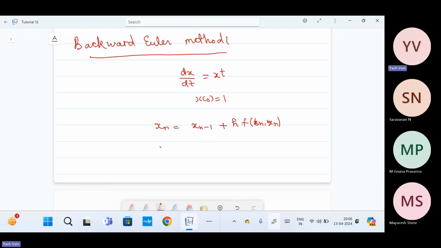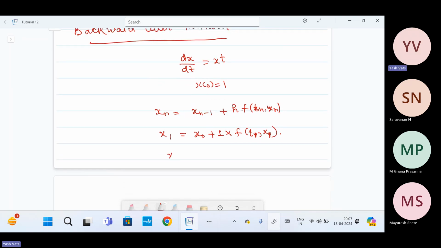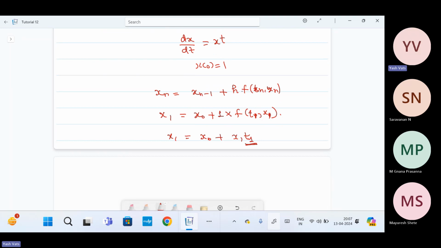So what is x1? x1 is x naught plus, say h is 1, into f of t1, x1. So x1 is x naught plus x1 t1, and you know the value of t1, right? What is t1? 1.